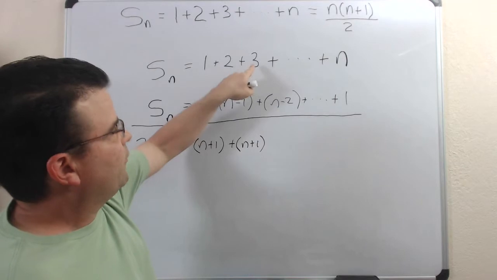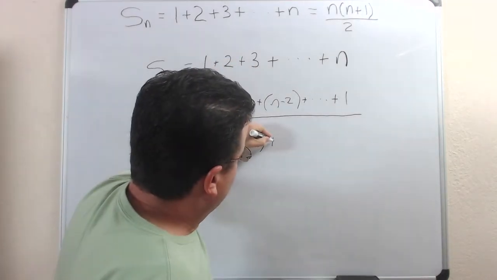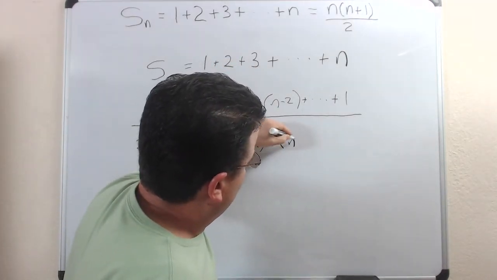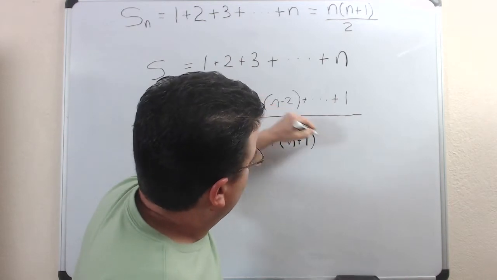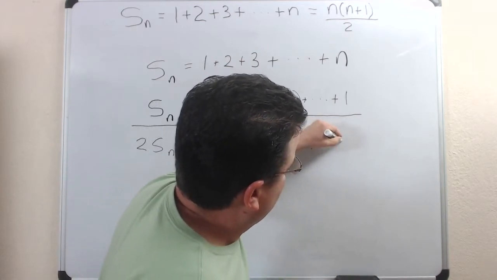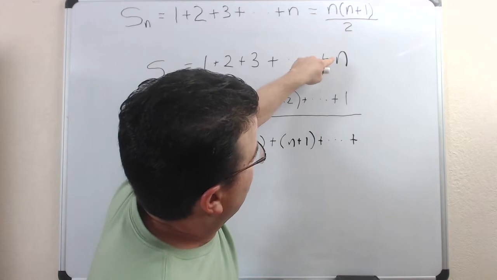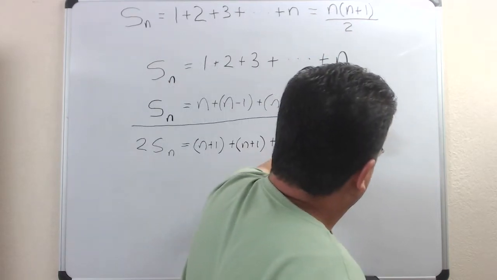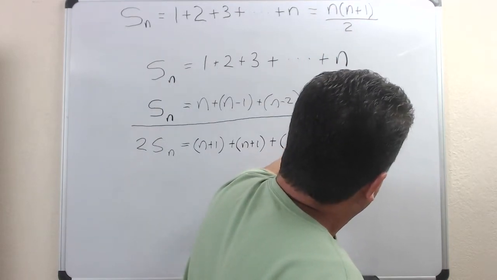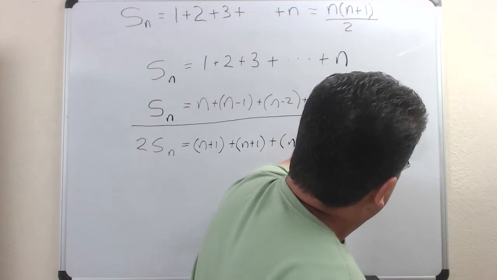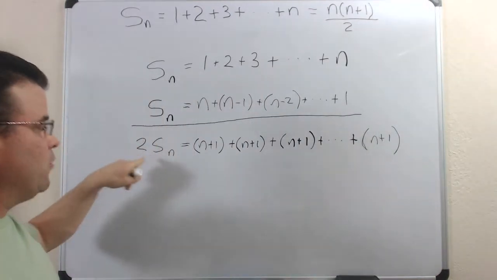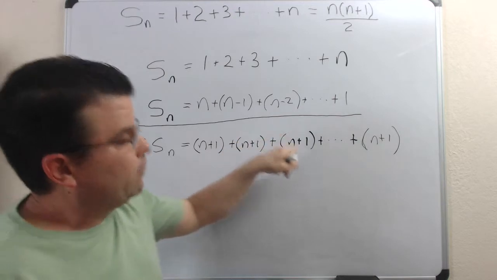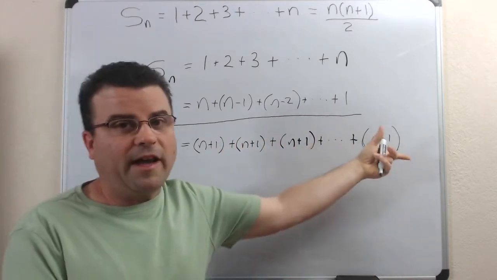N minus 2 plus 3 is also n plus 1. Plus dot dot dot plus, and the last one is n plus 1 as well. So 2 S sub n is equal to n plus 1 plus n plus 1 plus n plus 1 plus n plus 1 all the way down.